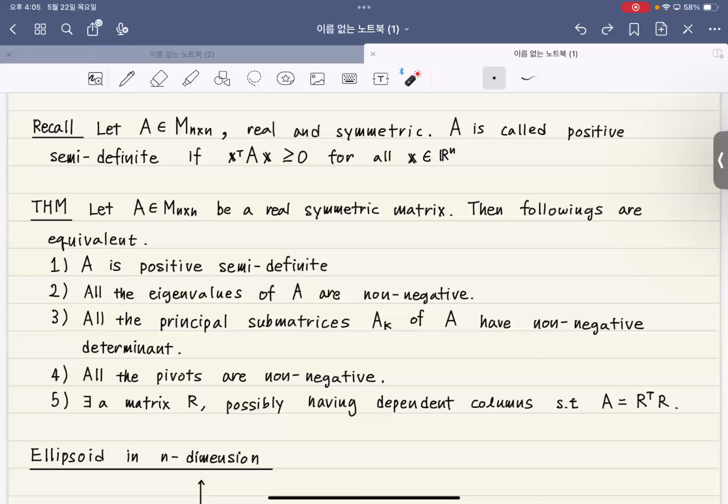I will just give some time to read the statements from number 1 to number 5. But I don't feel I need to spend more time and effort to prove this theorem, since the proof uses almost the same idea.